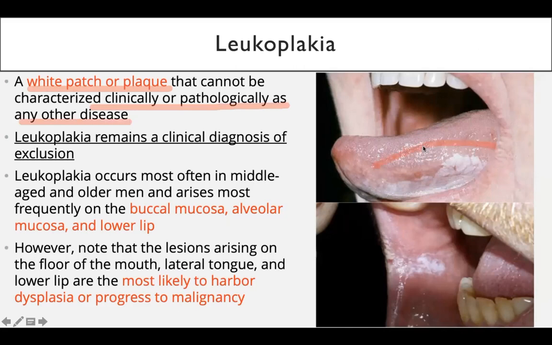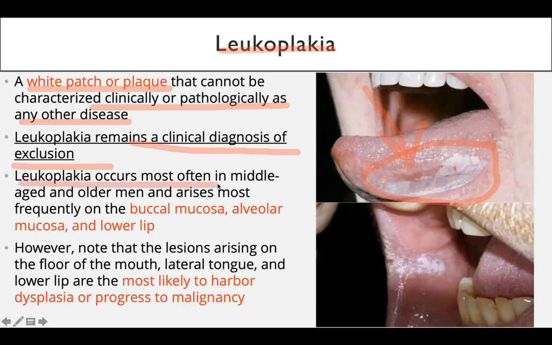So this is a diagnosis of exclusion. When there is a white patch or plaque which is not associated with any other clinical picture of any other disease, then you can label this white plaque as a premalignant lesion of the oral cavity known as leukoplakia. Leukoplakia remains a clinical diagnosis of exclusion because it does not have a clear clinical picture.